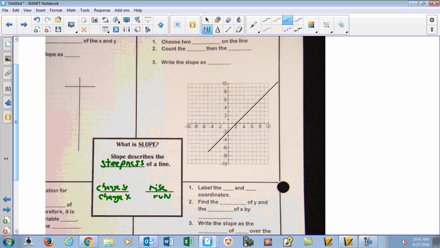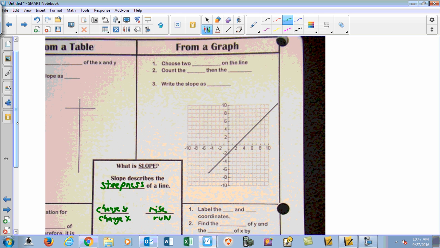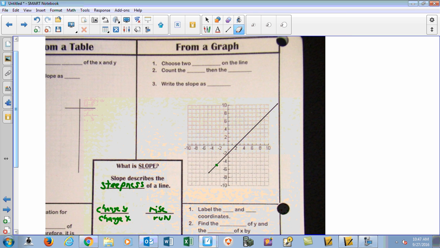So, for example, if I give you a graph, like we got over here in the upper right-hand corner, and this is a line I drew earlier, so I'm going to put some points on here. That's not there. That's there. That's there. And my board looks like it's a little off, but we'll deal with it.